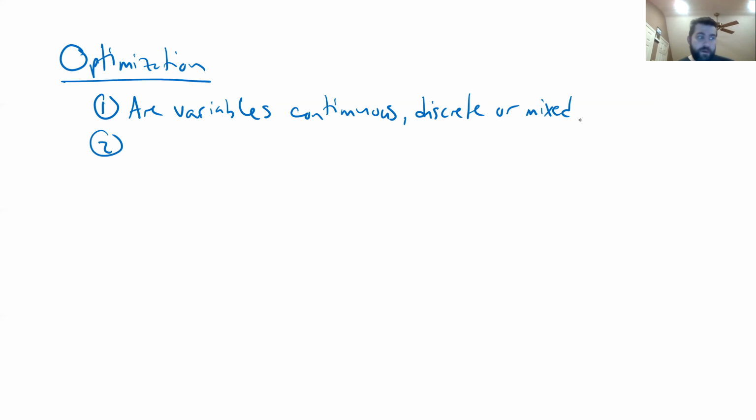One question. What kinds of numbers are the variables? Are the variables real numbers? Are they complex numbers? Are they integer numbers?